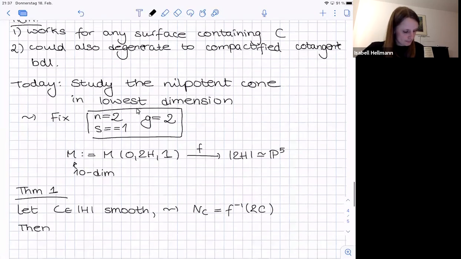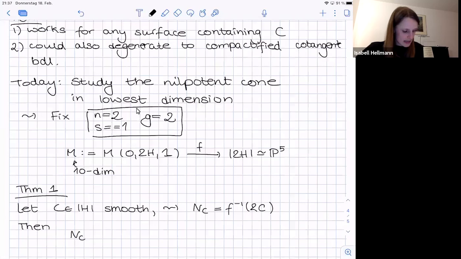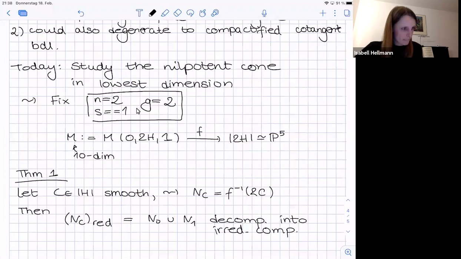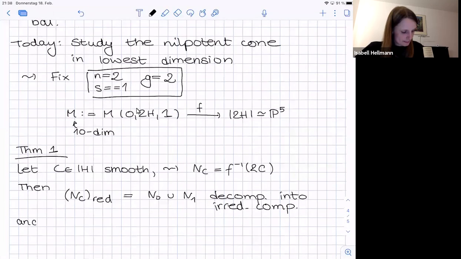So then NC has 2 irreducible components, N0 and N1. So this is a decomposition into irreducible components. And I know what their degrees and multiplicities are.